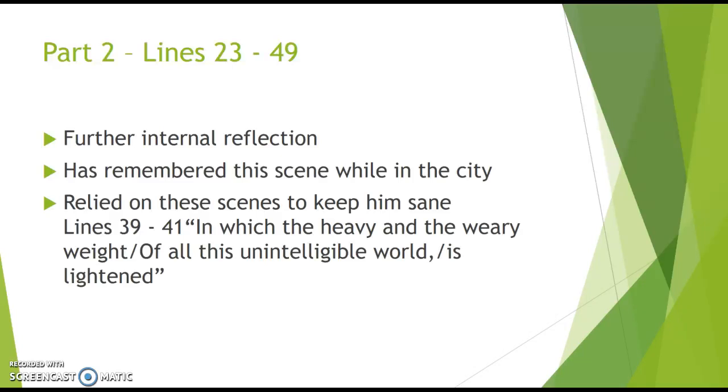And he essentially is saying that he's relying on these scenes to keep him sane. And in lines 39 through 41, he says, in which the heavy and the weary weight of all this unintelligible world is lightened. So that by reflecting on these scenes, he was able to kind of ward off his depression of being in kind of a dreary city, most likely London, that didn't have as much of the natural beauty around him.